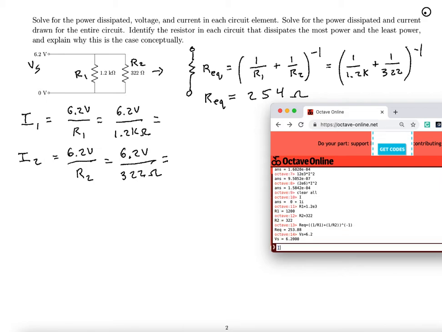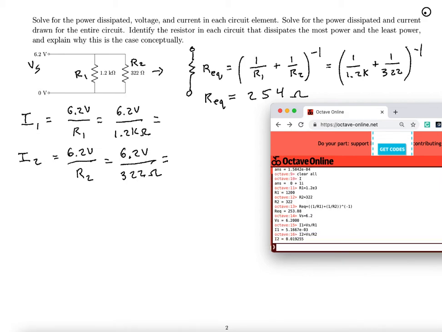And so I1 is Vs over R1, and I2 is Vs over R2.